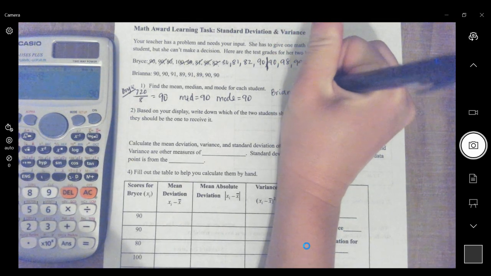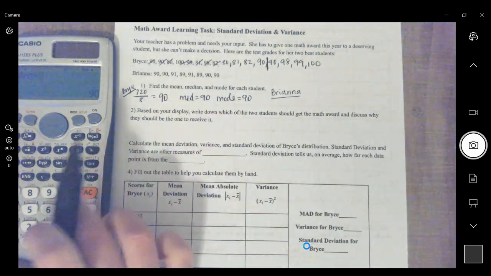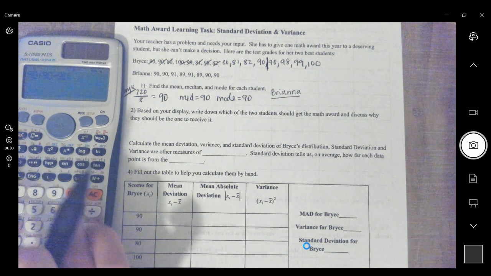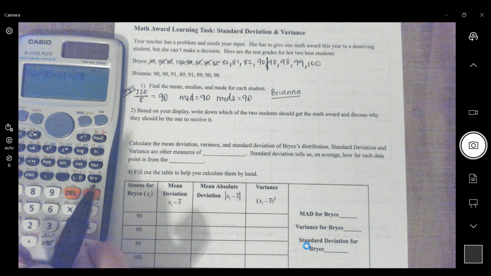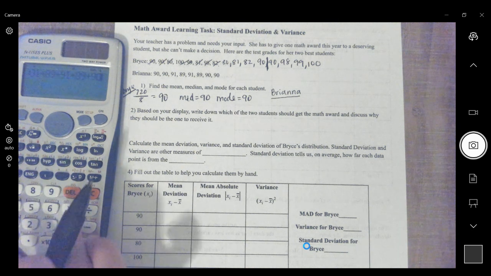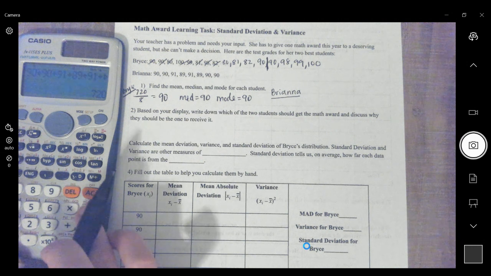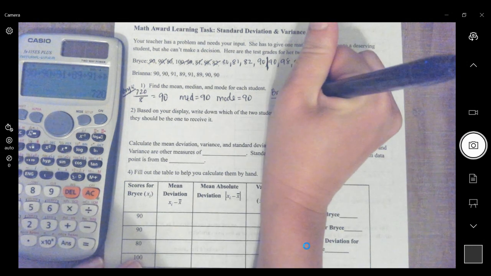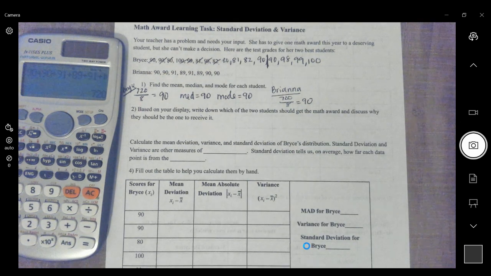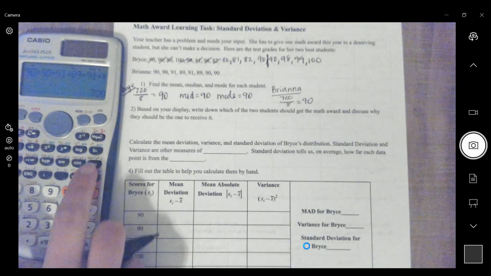And then let's do the same thing with Brianna. For the average, we want to add these together and divide by how many there are. Again, I got 720, and then divide that by 8, and that gives me an average of 90.